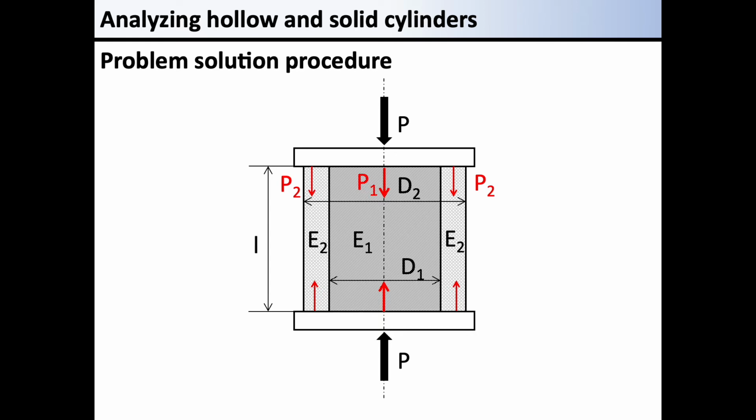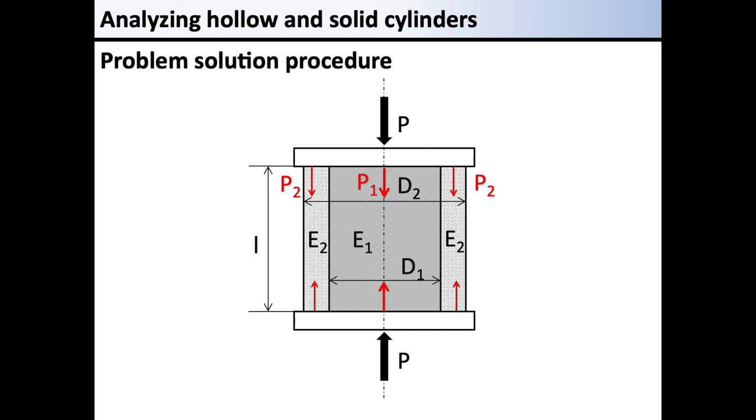The following is the solution procedure. We start with developing an equation saying that the load applied from the outside is equal to the sum of the load applied to the inner and outer cylinders, P1 and P2 respectively.